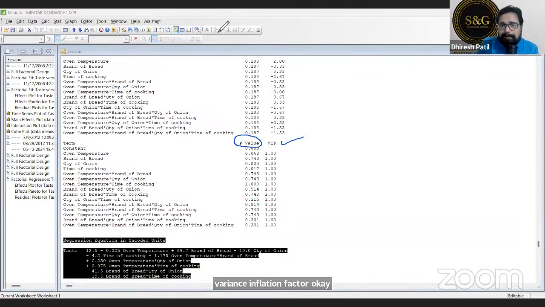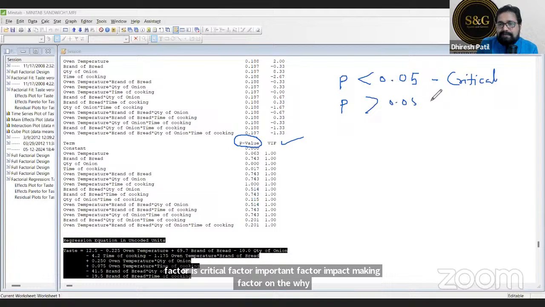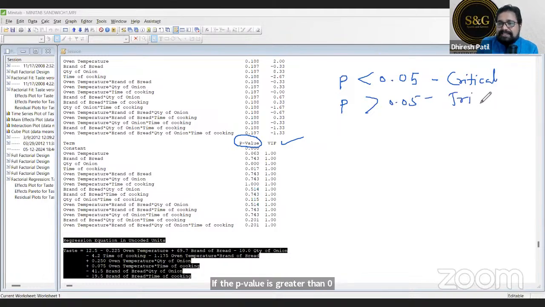Observe the p-value. Do you remember I mentioned something? When the p-value is less than 0.05, the factor is a critical factor, an important factor, an impact-making factor on the Y. If the p-value is greater than 0.05, that factor is called a trivial factor or not important factor. Make a note of this.